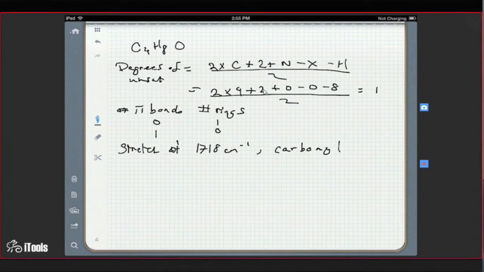And then it looks like we're going to have one methyl group. And it's a triplet, so its adjacent carbon has 2 hydrogens on it.